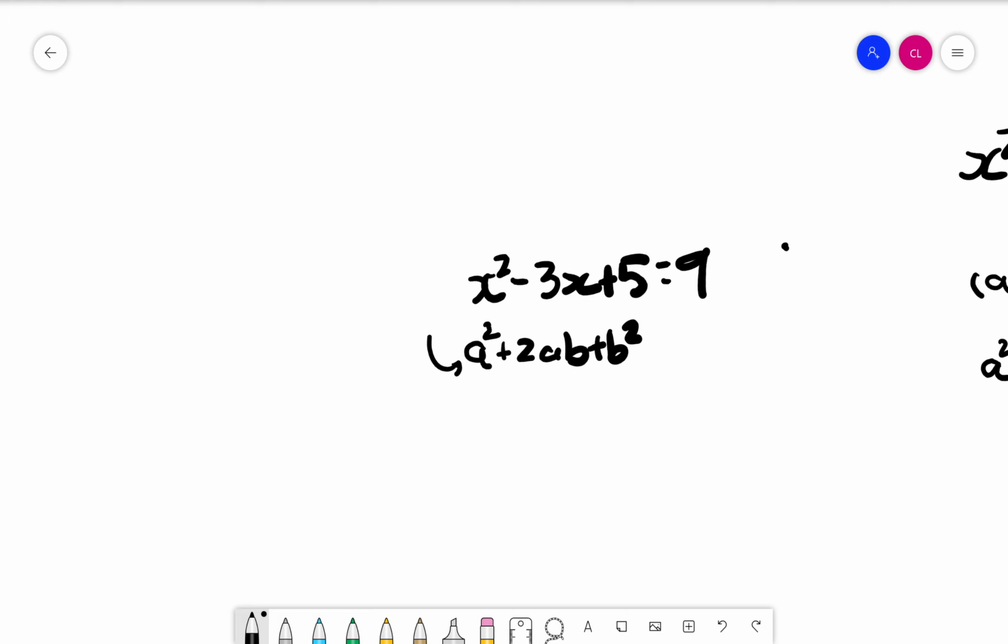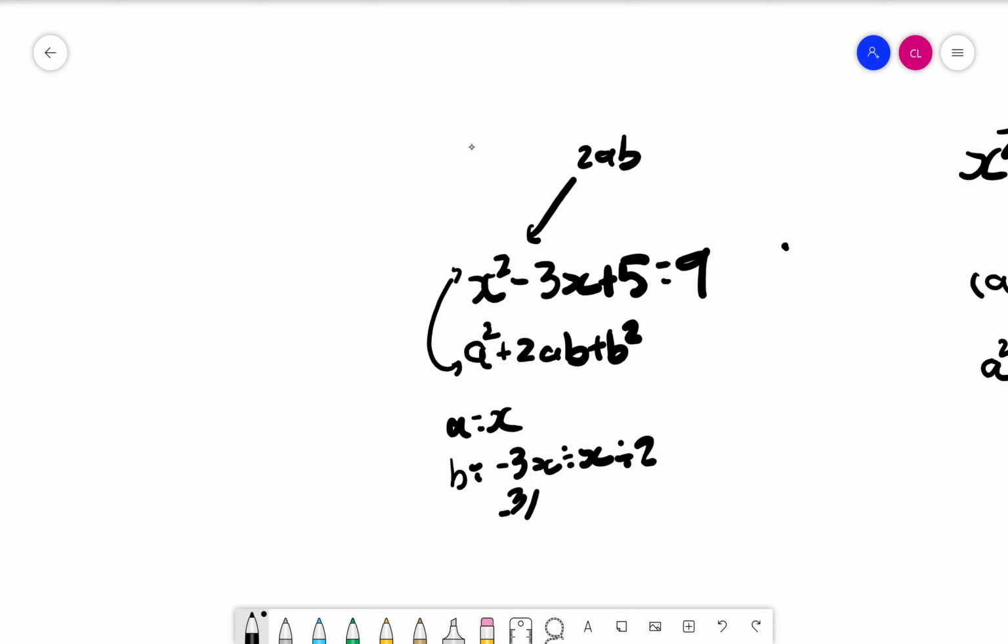Well, since a squared and x squared is the same, we can assume a equals x. And so that would mean minus 3x is 2ab. So that means b would naturally be minus 3x divided by x divided by 2, which is basically minus 3 over 2.